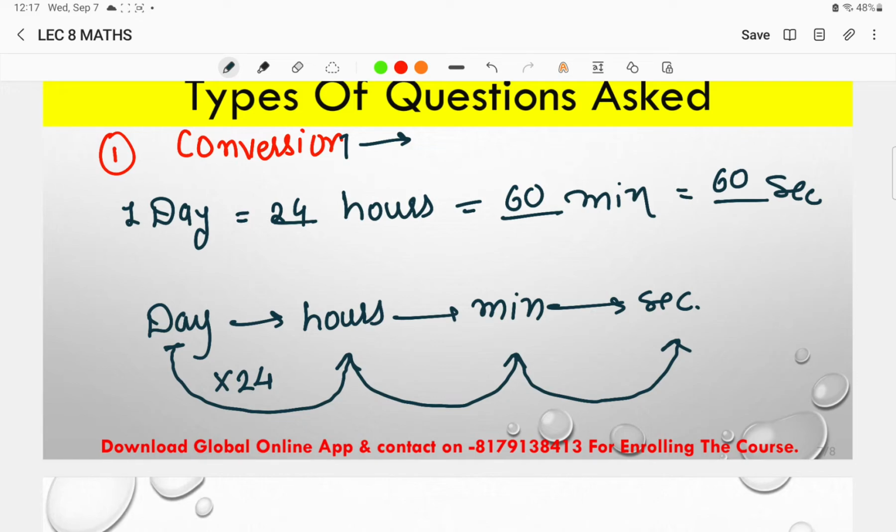When we convert hours into minutes, we will multiply by 60. And when we convert minutes into seconds, again we will multiply by 60.